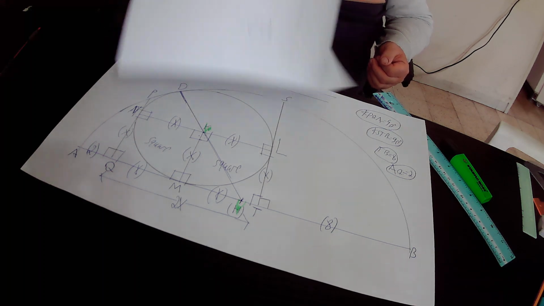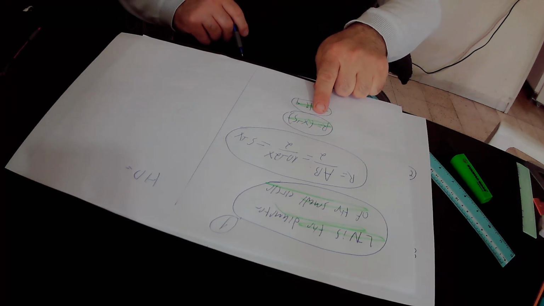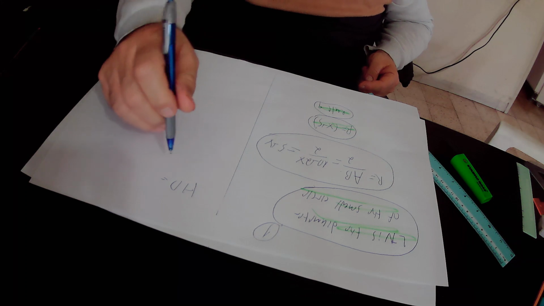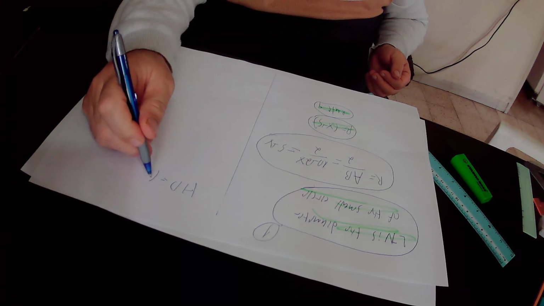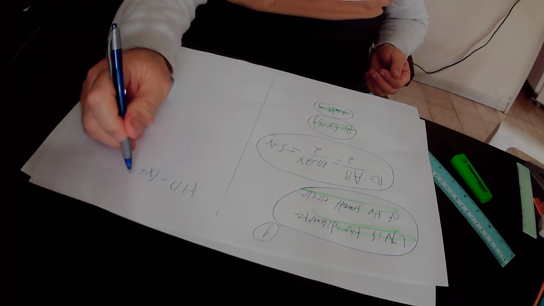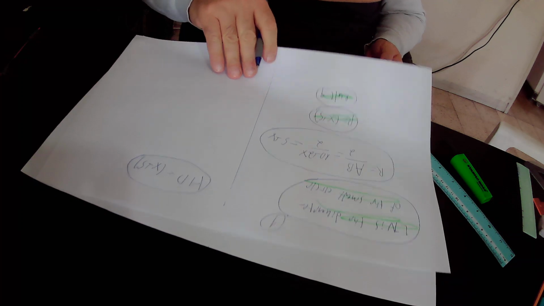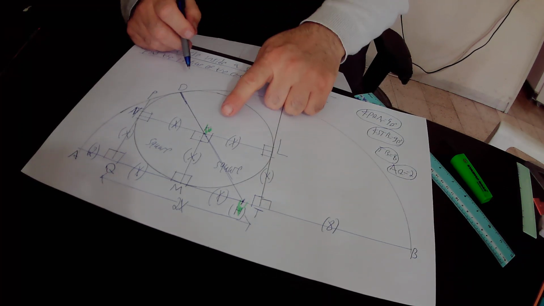and we already found out that the radius of the big semicircle, capital R, equals x plus 5. So we can write down that HD equals x plus 5. What is the definition of line KD?